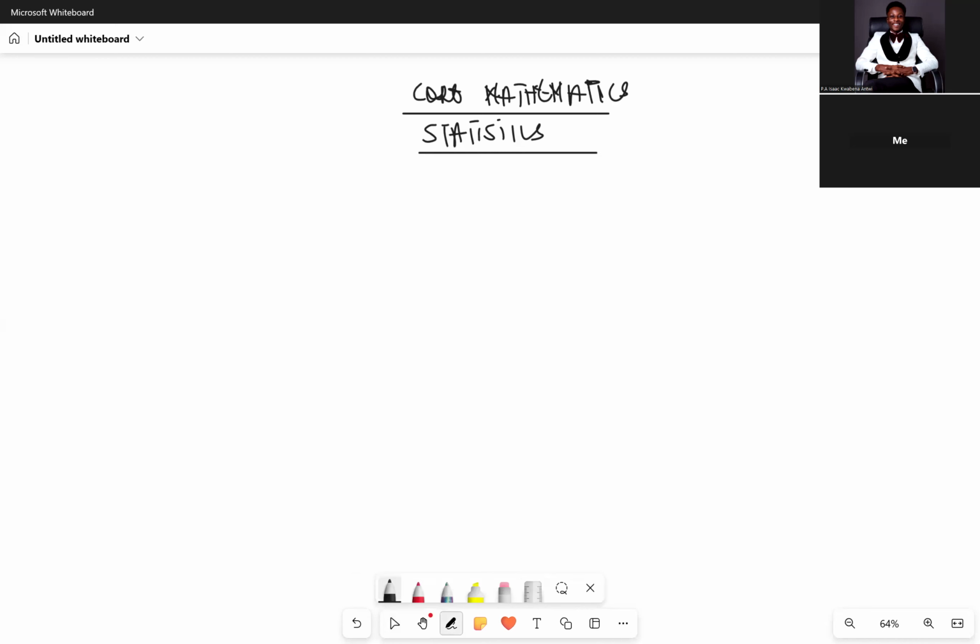Okay, so calculating mean from a frequency distribution table.